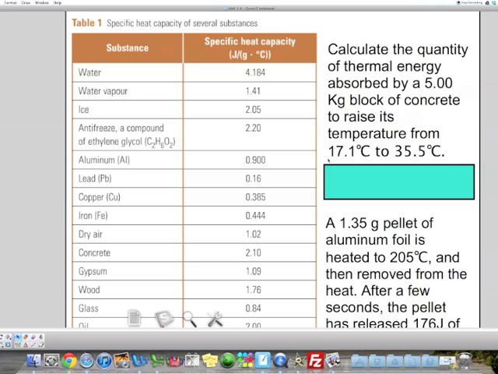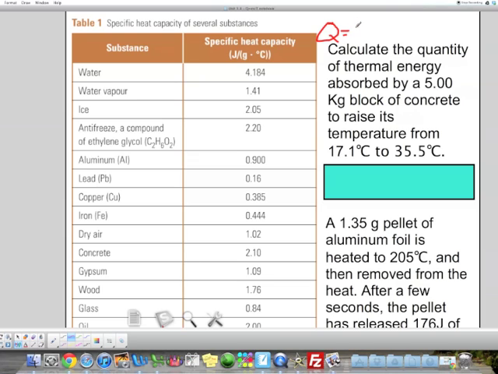So we will write down our equation. Calculate the quantity of thermal energy, so that's Q, is equal to the mass. The mass has to be in gram, remember?